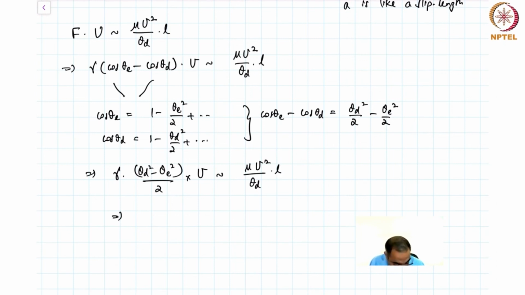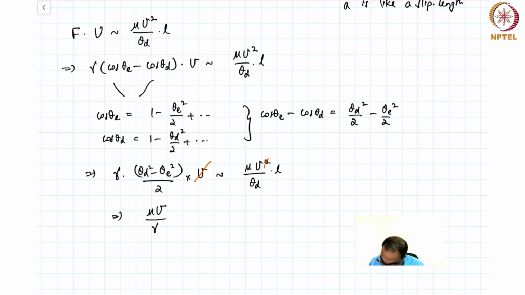Or in other words, I can cancel out one u here, and now on the right hand side I have mu u by gamma.